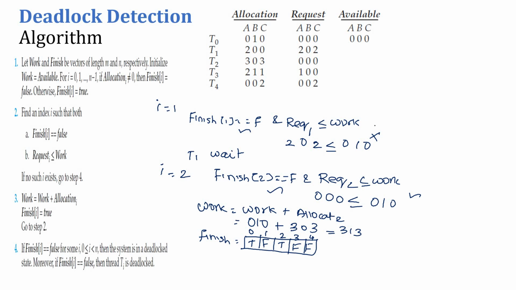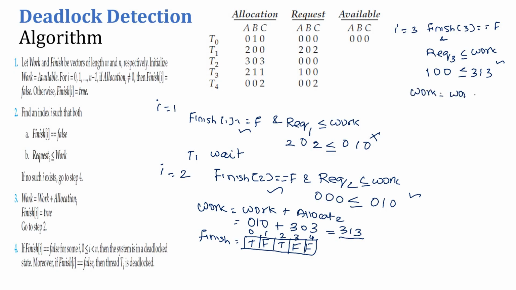Then for I equal to 3, finish of 3 equal to false, is the condition satisfied, and request of 3 less than or equal to our work. Request of 3 is 100 from the request matrix, less than or equal to our updated work value 313.